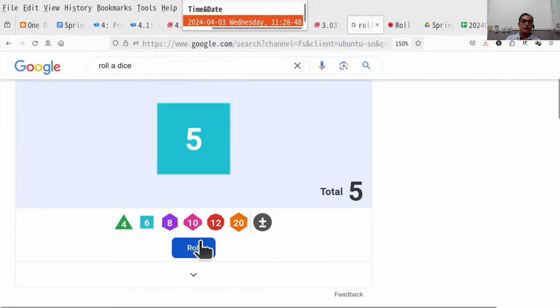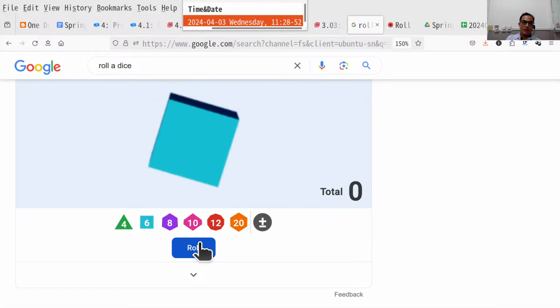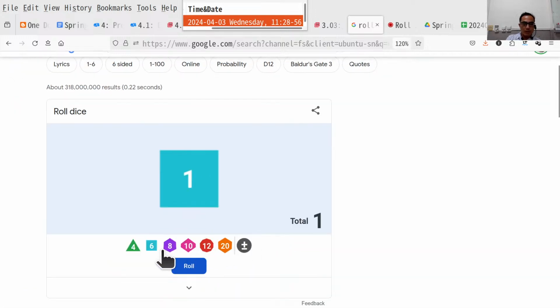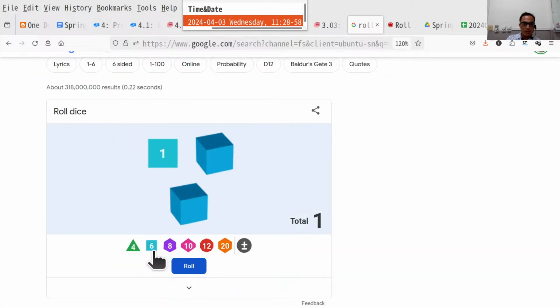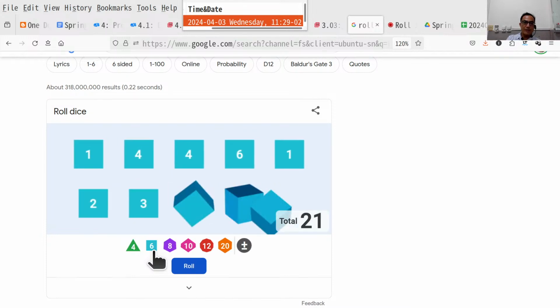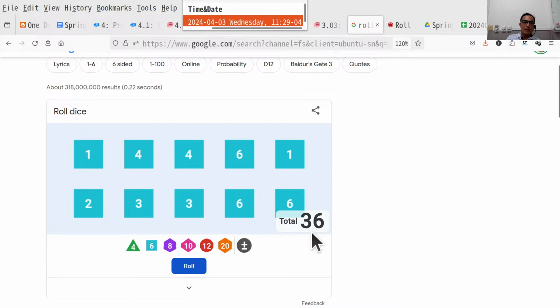If I roll 10 times, 1, 2, 3, 4, 5, 6, 7, 8, 9, 10. And this time I rolled the dice 10 times and I got 3 sixes. So this is a different experiment.